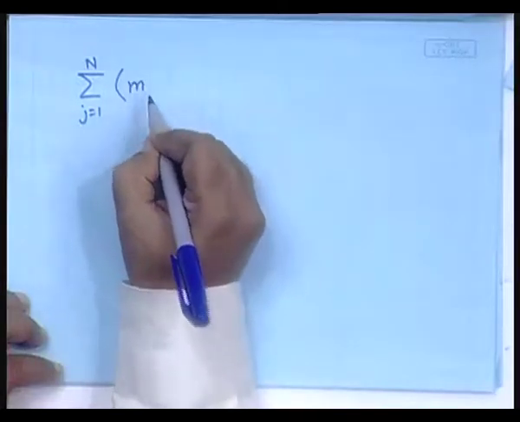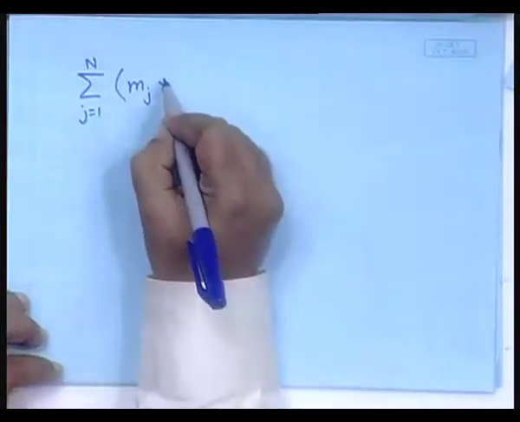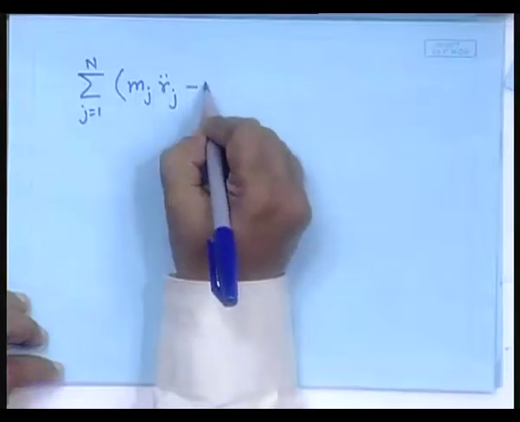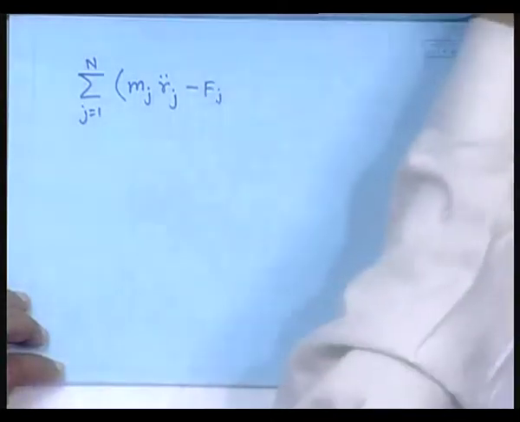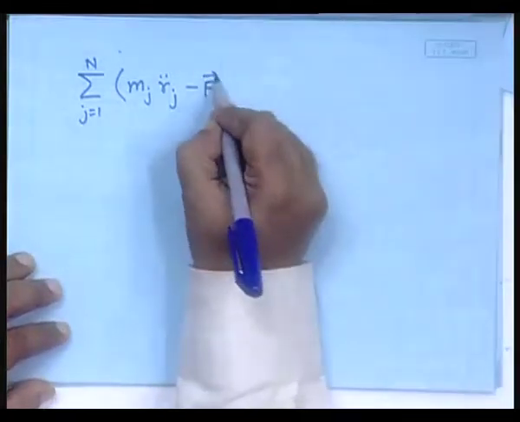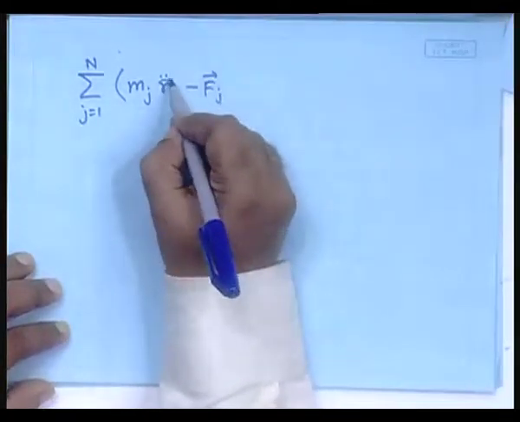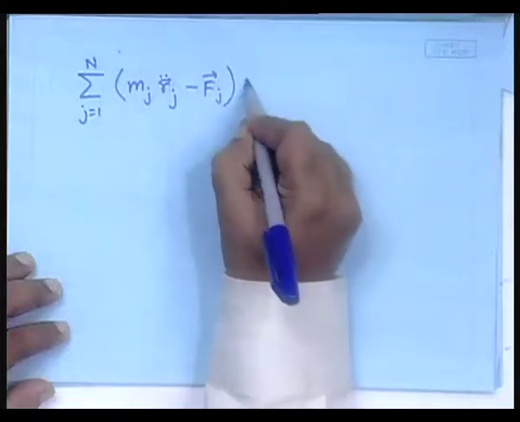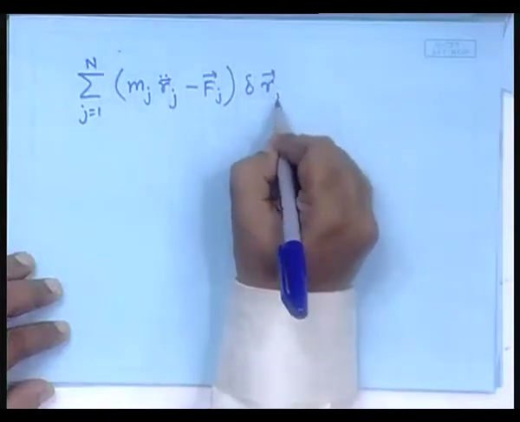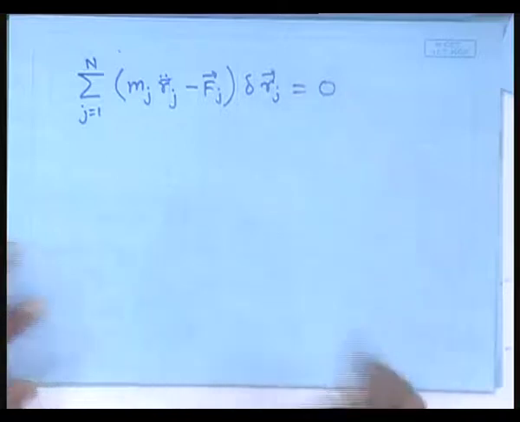Sum over j, there are n number of mass points, of m j r double dot j minus f j. I am just copying this. This is a vector, this is a vector, times delta r j is equal to 0. That is where we were.